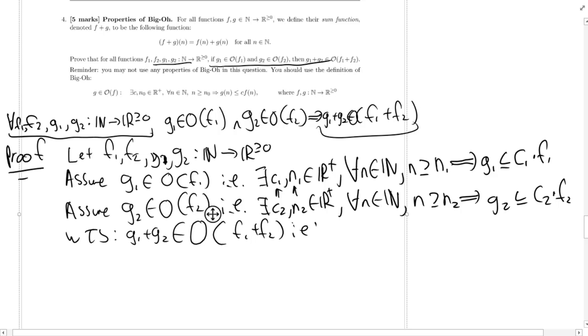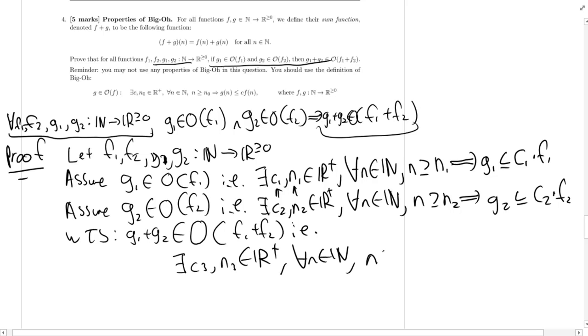i.e., then we'll just do a new line here because this one's going to be a little bit longer, there exist C3, N3, such that for every natural number n larger than or equal to N3, we have G1 plus G2 smaller than or equal to C3 times F1 plus F2.